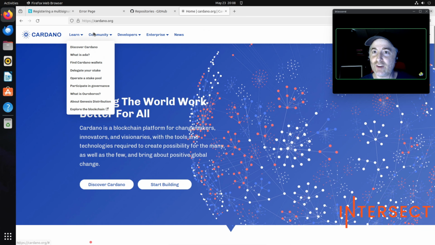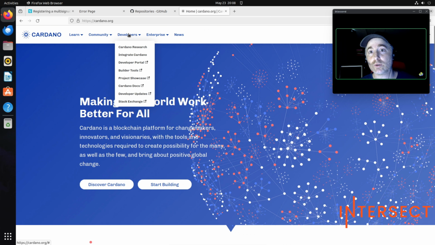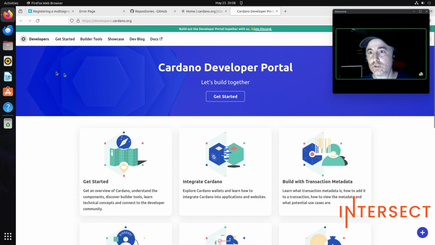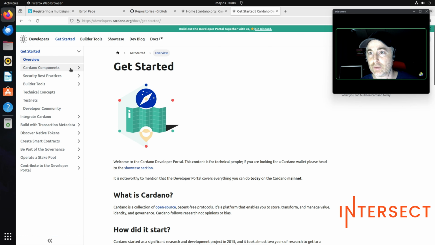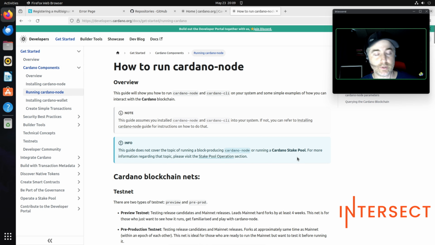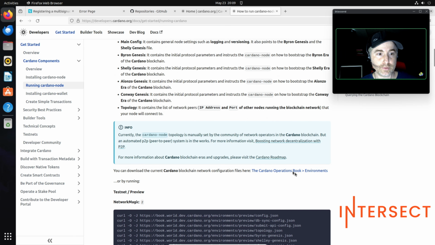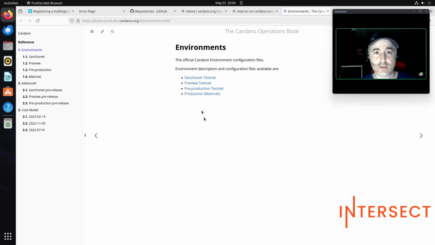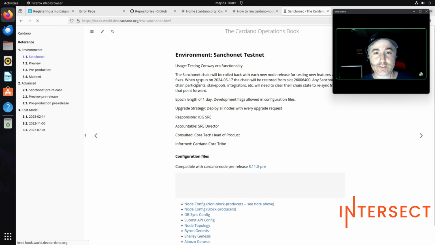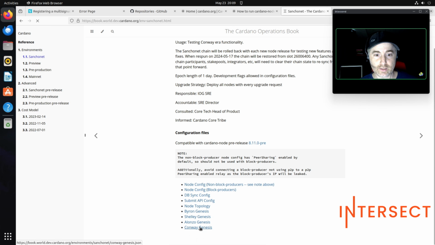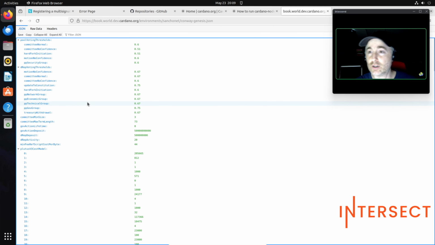The environment files, if we go into the developer portal, and I'll just go grab them. Running Cardano node, where are you? Over there. Okay. So let's use the SanchoNet one and the Conway Genesis. There it is.